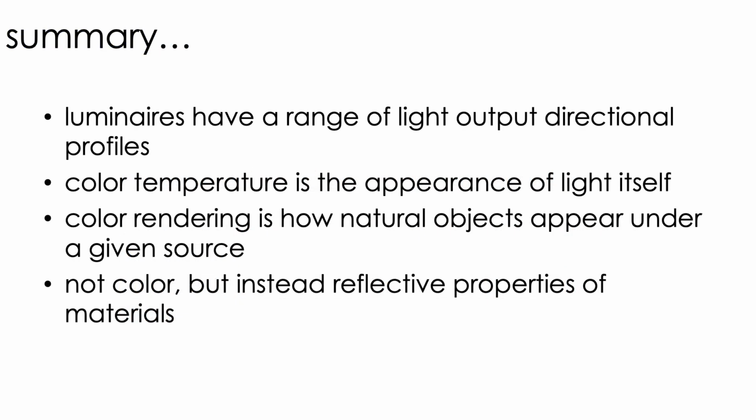So just to round it all up, luminaires have a range of light output directional profiles, which we can control and we can choose. That's our job. Color temperature is the appearance of the light itself, whereas color rendering is how objects appear under that light source.